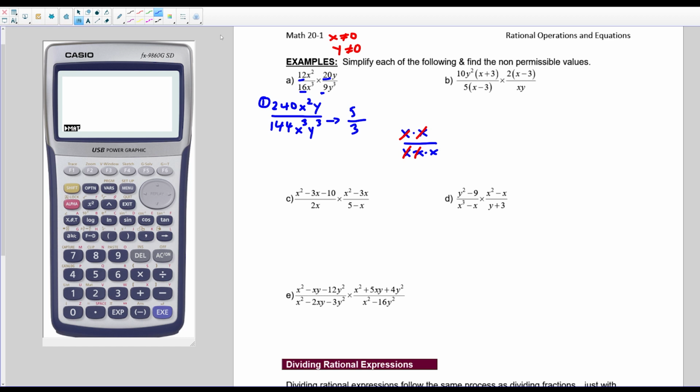So I'm really just left with a single x on the bottom there. Doing the same thing for the y's, I get rid of 1 on the top and 1 from the bottom. And now I'm left with a y squared on the bottom. So I have 5 over 3xy squared as my final simplified form.